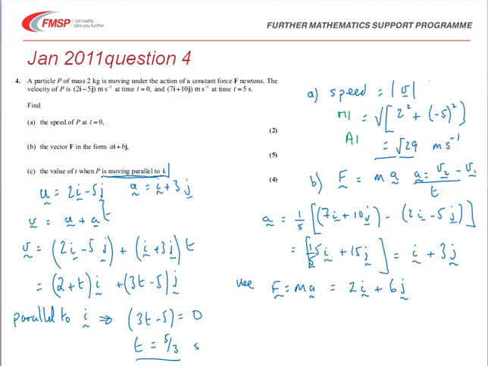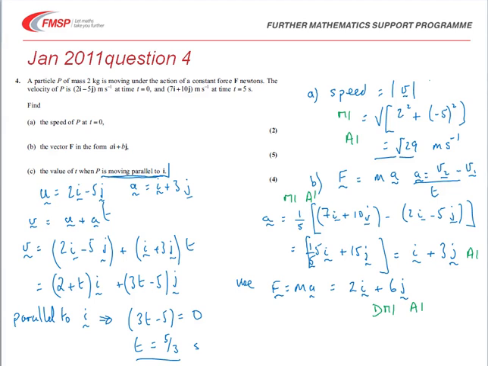The first M1, A1 was for the equation for the acceleration, with a second A1 once the i plus 3j had been achieved. And then, as long as that was correct, a dependent M mark, so an M1 followed by an A1 to get the answer 2i plus 6j, giving you the 5 marks there.